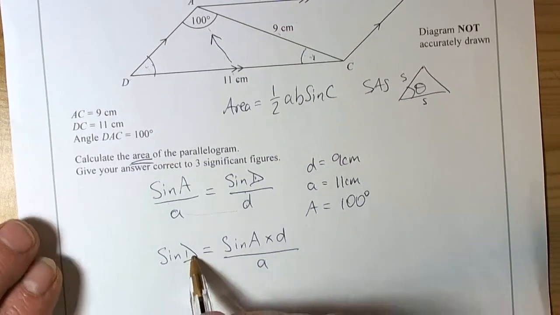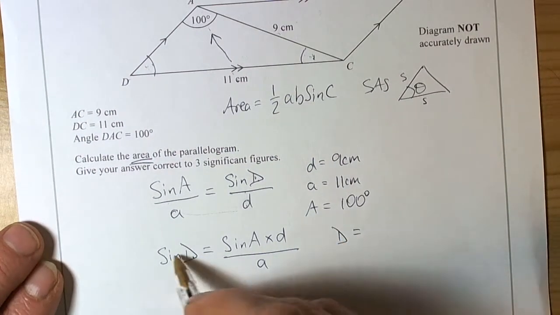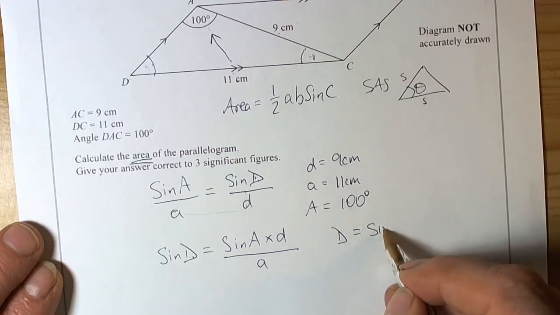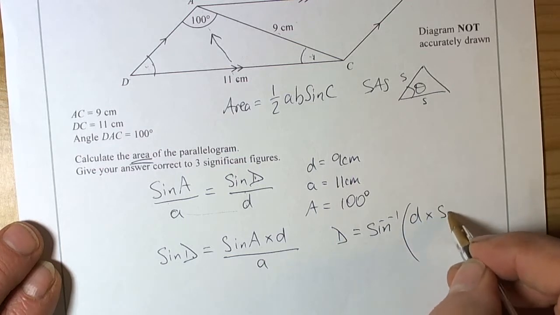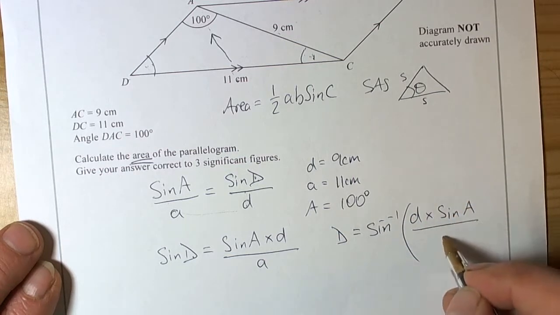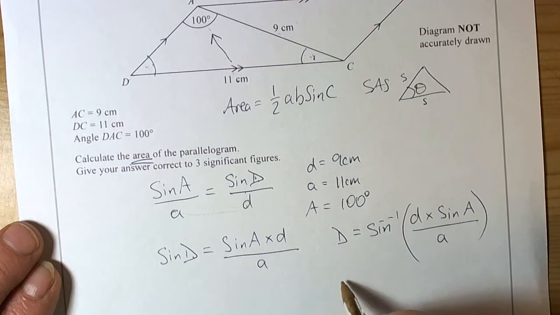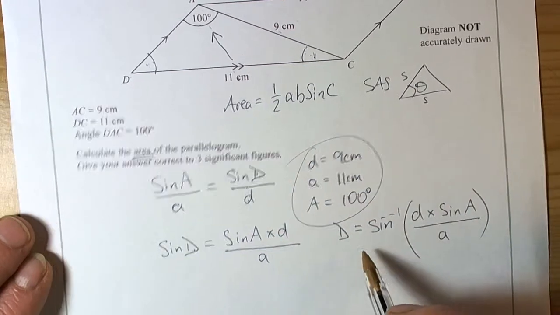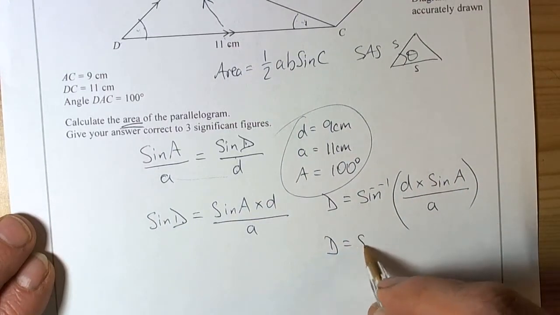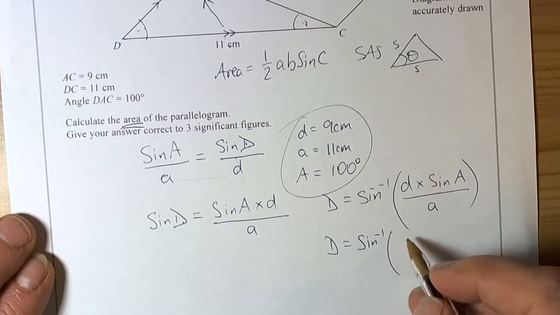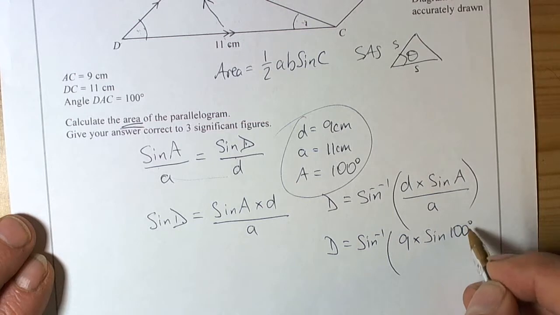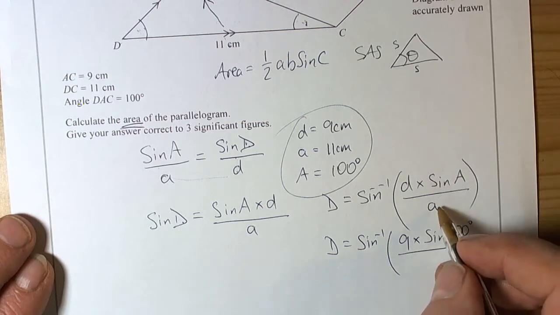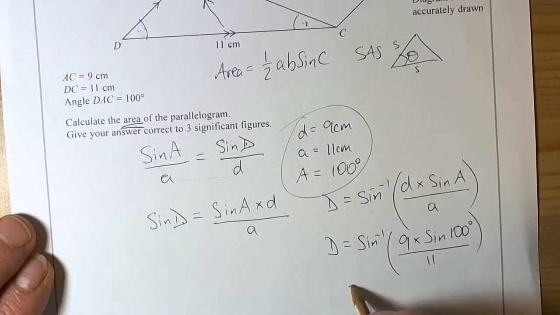Because I want the angle of D, then of course we want the inverse sine. So D is going to be the inverse sine of little d times the sine of the angle A divided by the length of A. Now we've got all our numbers here, so we can put that in. So sine to the minus 1, little d was 9, the angle A was 100 degrees, divide by the length of A, which was 11.